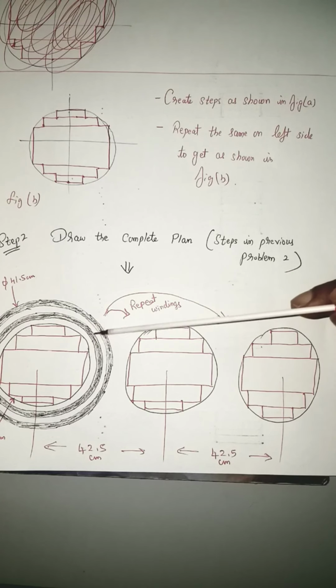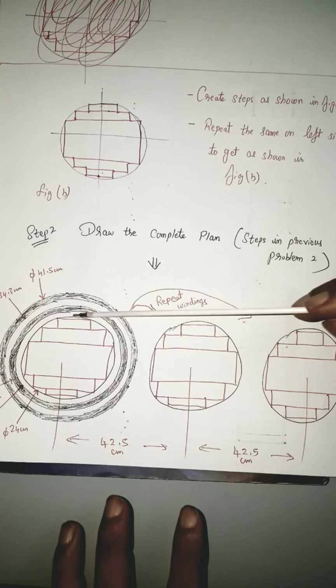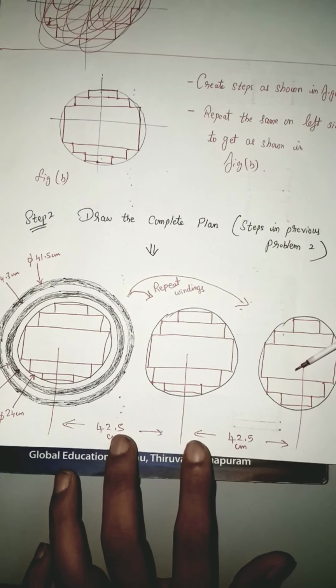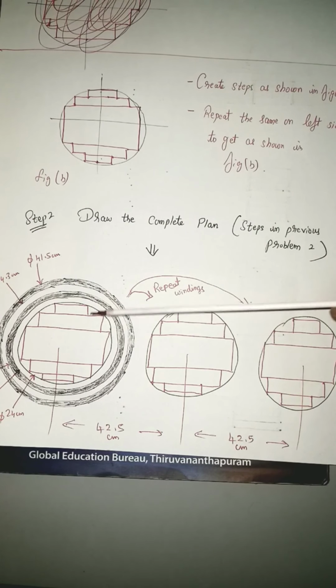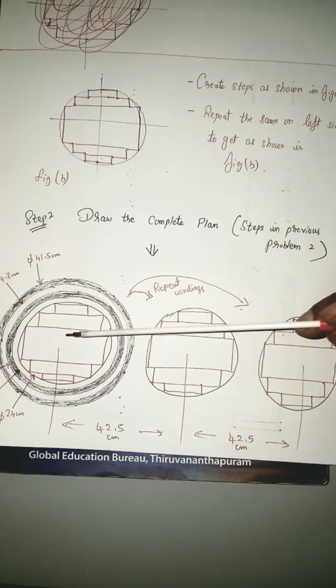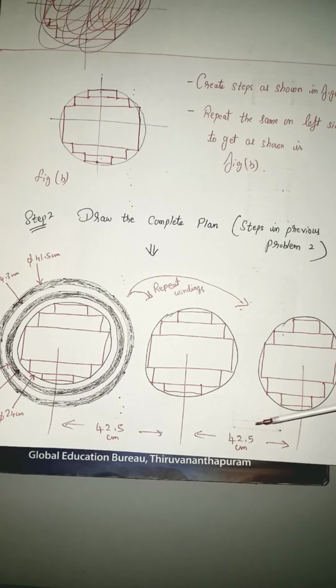So you'll have to represent the same here and here. Whatever diagram you're seeing here for one limb, the same thing has to be repeated for the second limb and third limb. Only restriction is the distance between the center of the core should be 42.5 centimeter. Between the first limb and second limb 42.5, and between the second and third one also 42.5 centimeter.